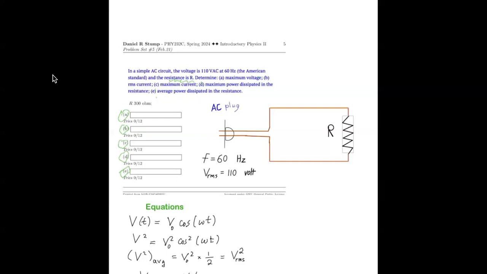What's supplying the power? A plug. You plug the circuit into the wall. So here's the wall, here's the plug.